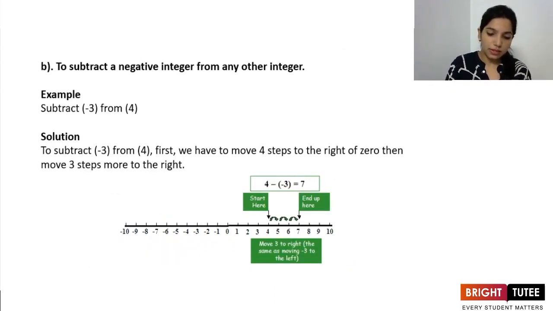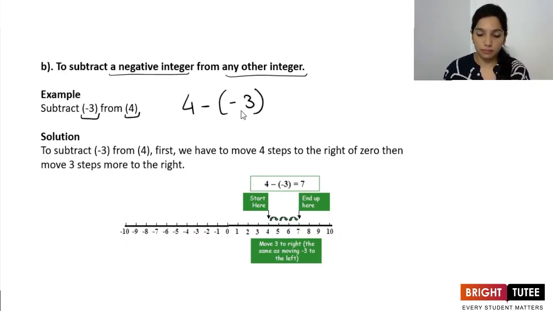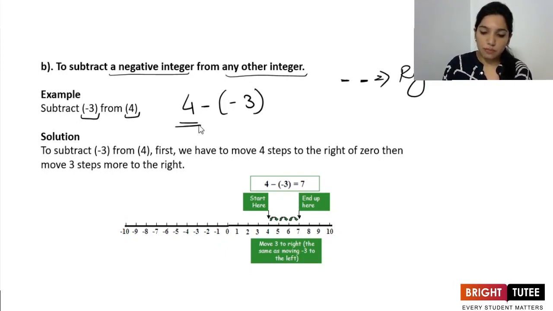Let's discuss one here. It says to subtract a negative integer from another integer. So it's subtract minus 3 from 4. From 4 means 4 will sit at first. Then it says minus of minus 3. Okay. So remember, started from left, then you saw another negative sign, do the opposite of it. You will move to the right. Okay. Now, starting from 4.